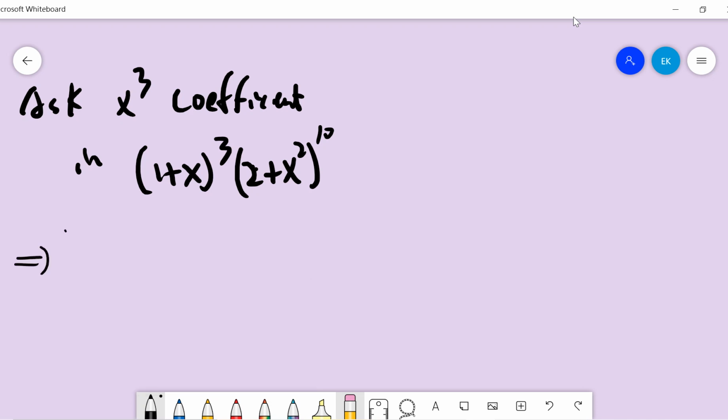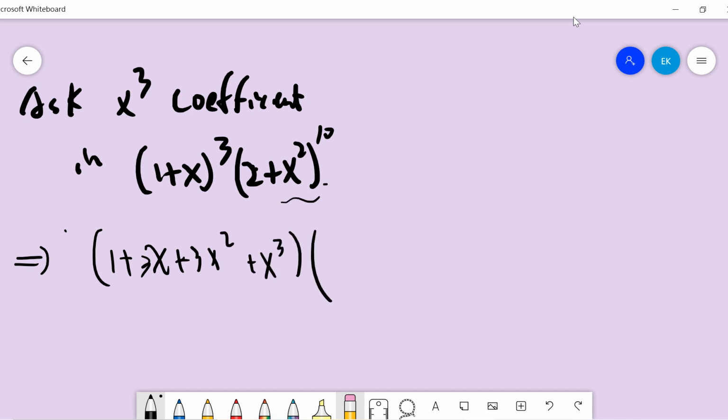Okay, so this can be expanded, and then we use the binomial coefficient.